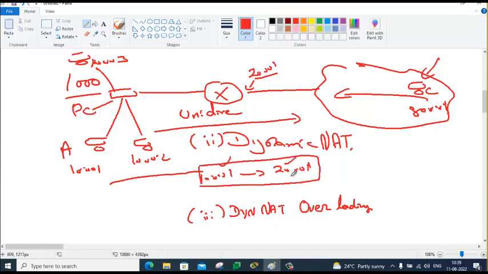So it will remove the destination 20.0.0.1 and put the destination 10.0.0.1, and the packet will come from C to A. Now, next time if B is talking to C, B will also be given the same IP address. You understand?